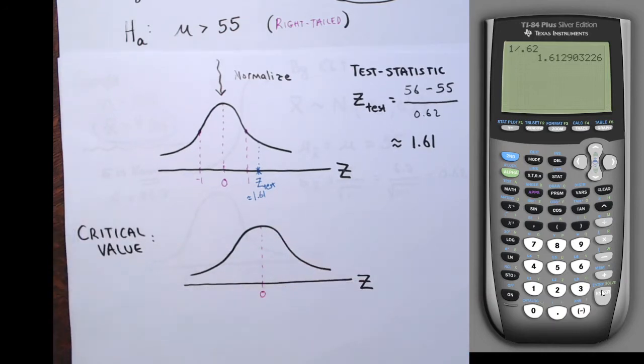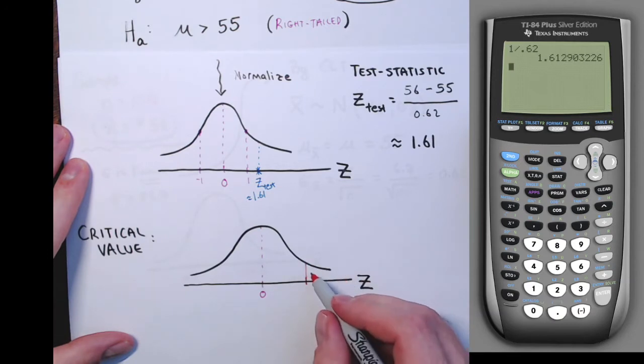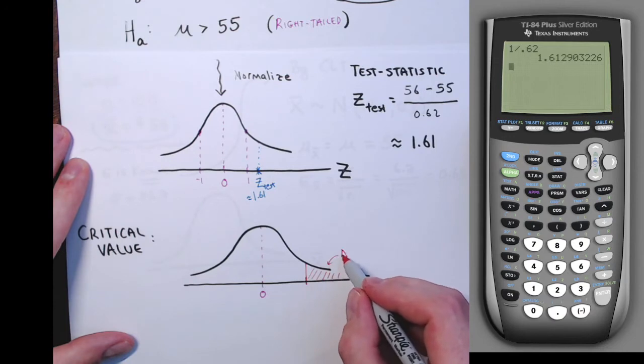The middle is 0. And what we're looking for, remember alpha here was 1%, that significance level, is what z-score has 1% to the right. It's got to be to the right.